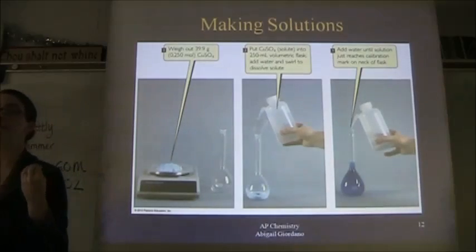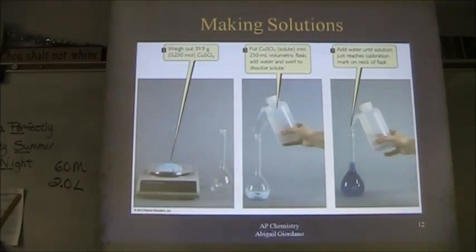It's called a volumetric flask. You need to know that term, a volumetric flask. And guys, volumetric flasks come in all sizes. Big ones, little ones. Oh, it's so cute. Okay, let me tell you something. This is like this small one. It's a 25 milliliter volumetric flask.